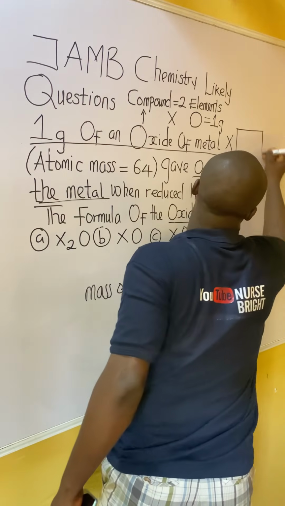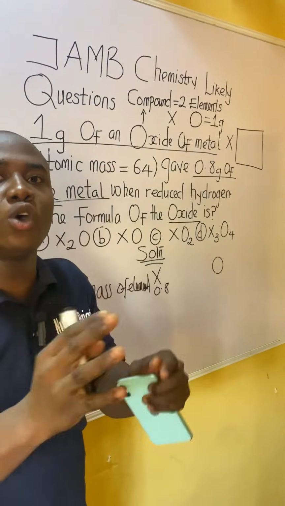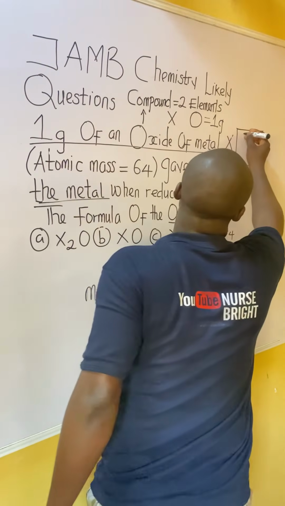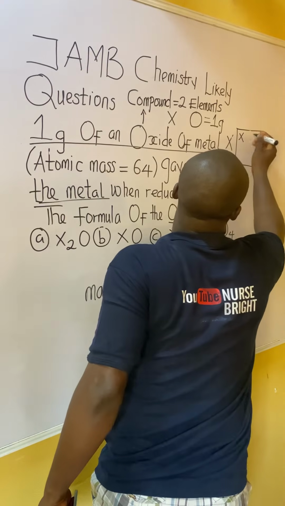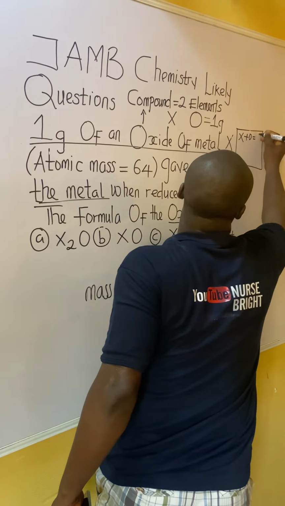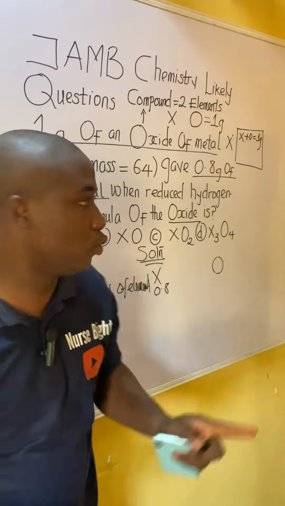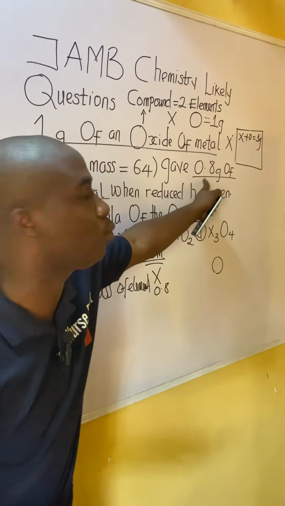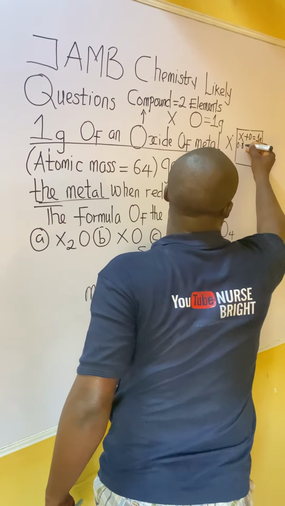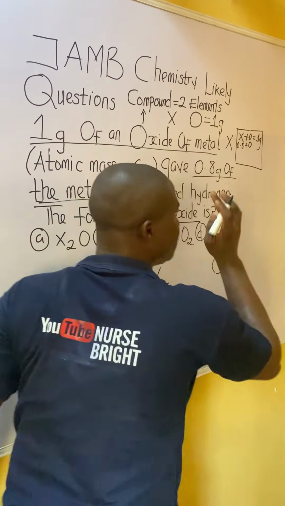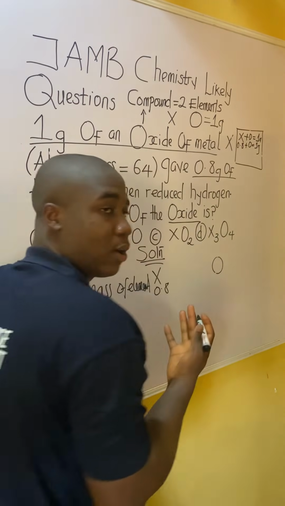All right, I'm going to solve for the mass of oxygen in this box. We have agreed that the mass of the full compound, X plus O, is equal to 1 gram. From the question, the mass of the metal X was 0.8 grams, so 0.8 grams plus O, which is oxygen, is equal to 1 gram.